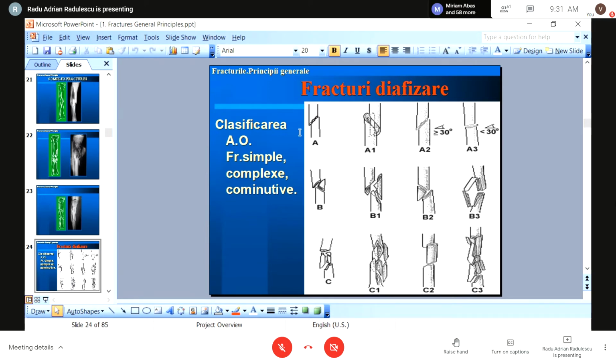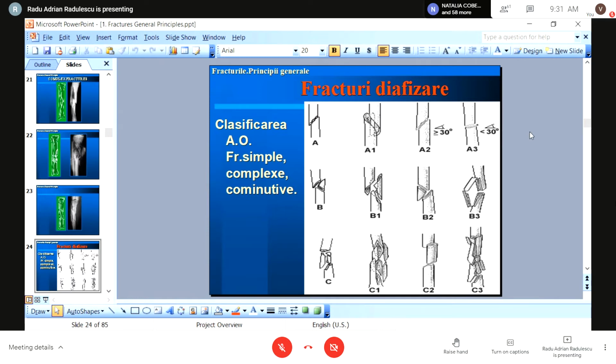And inside all these groups, we have subgroups nominated by figures. So we may have A1, A2, A3, and so on, depending on the aspect of the fracture site.